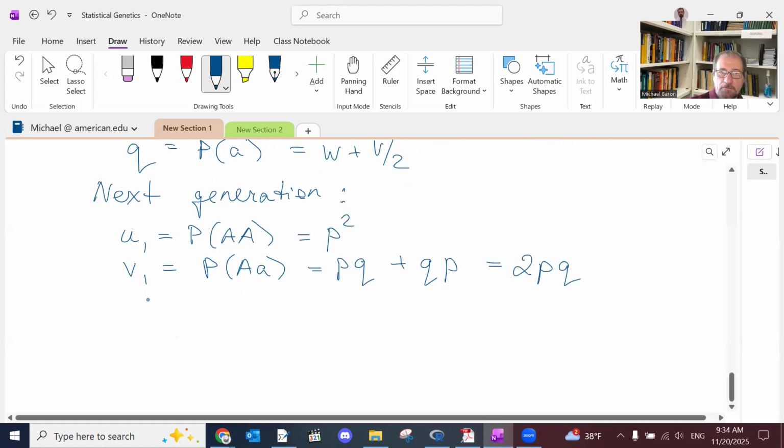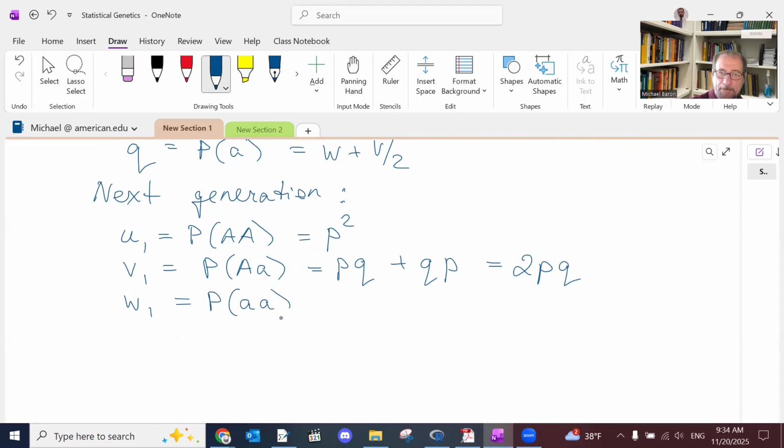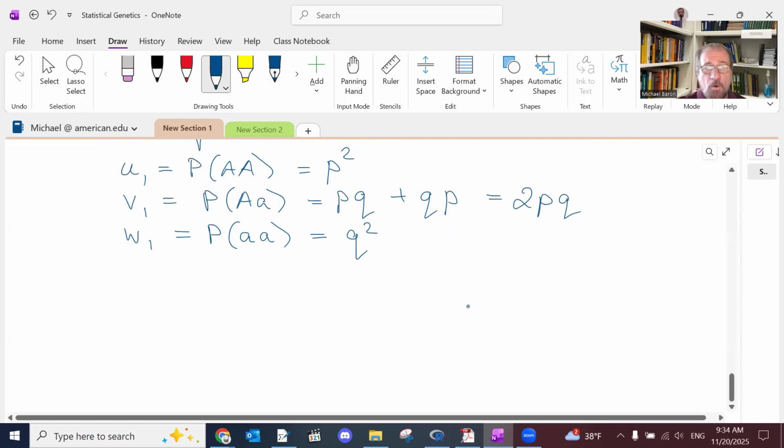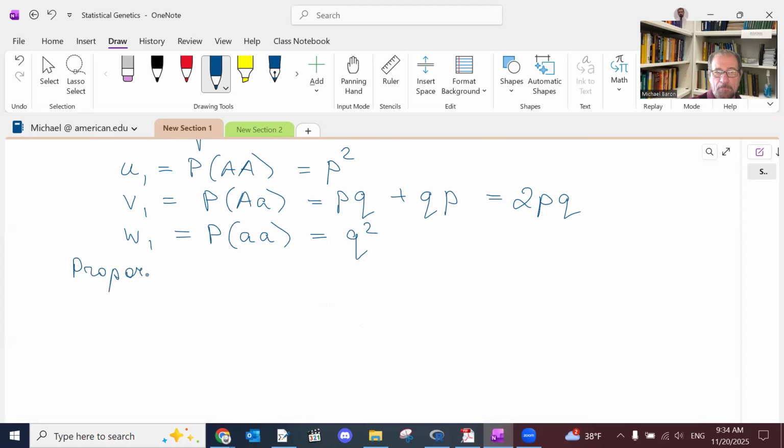And how can you be a recessive homozygote? Only if you receive a recessive gene from both parents. Each parent passes a recessive gene, multiplying, again, because parents do that independently of each other. So what will be the proportions of dominant and recessive genes among children in the next generation?